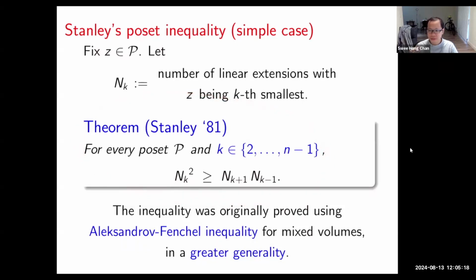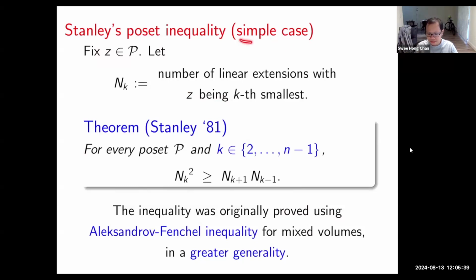Let me just say, you see here that I put the words simple case. This is because Stanley actually proved Stanley's inequality in greater generality. Today we will only discuss the simple case, but on day 4, Igor will discuss the full generality.